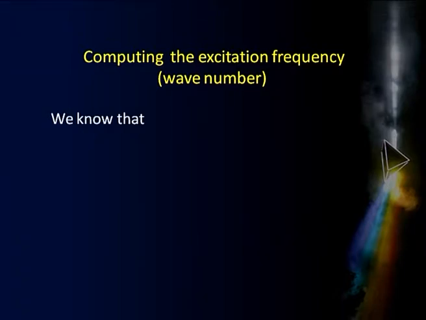Let us start by computing the excitation frequency, and before I proceed, I would like to mention that whenever we talk about rotational spectrum, vibration spectrum or rotational Raman spectrum, we typically use the term frequency, whereas actually we mean wave number, because that is a very convenient term to use. So, whenever we talk about frequency, we should be clear that we are talking about wave number in this case. Now, we know that the wave number is related to wavelength as nu bar is equal to 1 by lambda.